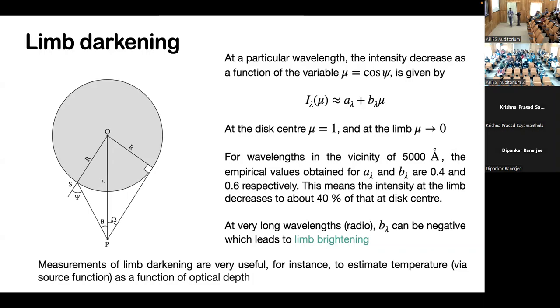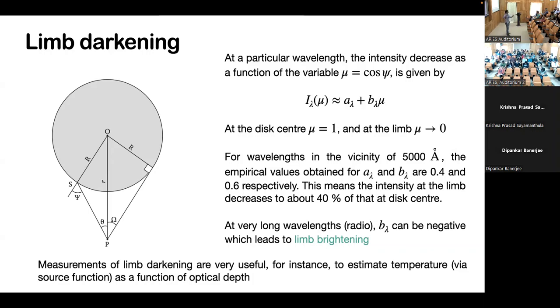Like I mentioned, this effect can be very useful because, since this is dependent on the plasma temperature, you can use this intensity measurement as a function of optical depth. If you measure the intensities from the center of the disc to the limb, then you are essentially measuring intensity as a function of height.